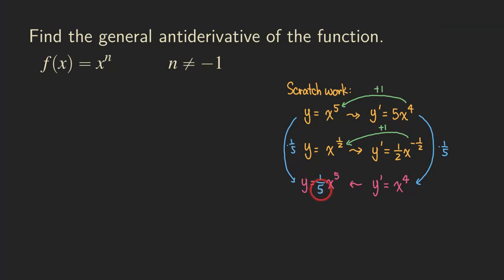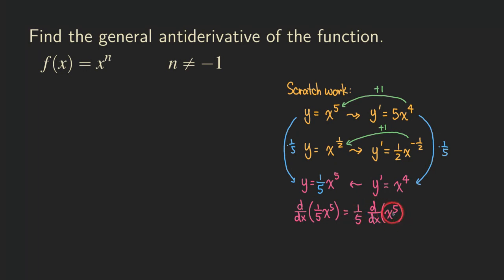Let's try to differentiate this function and see what's going on. When you differentiate this function, remember that according to the constant multiple rule, we are not going to be doing anything to this 1/5. So when we take the derivative of this function, we keep the 1/5, and then we are just differentiating x to the 5th.